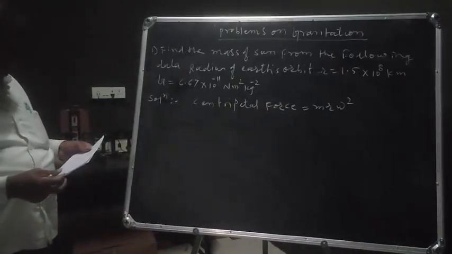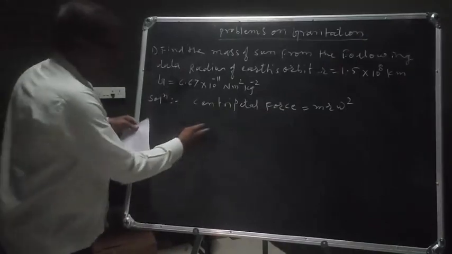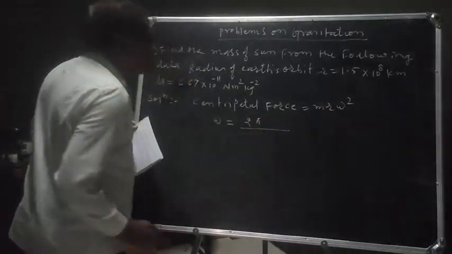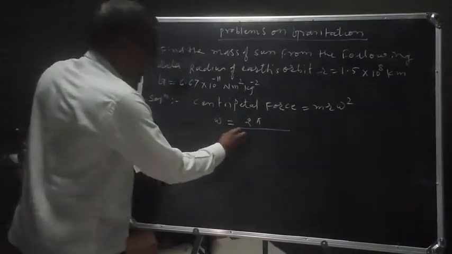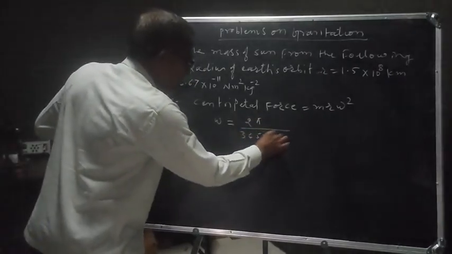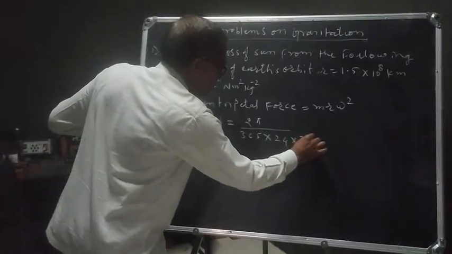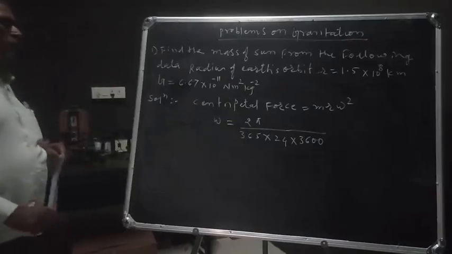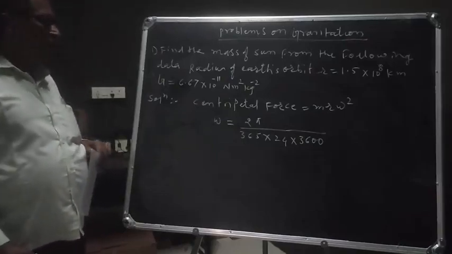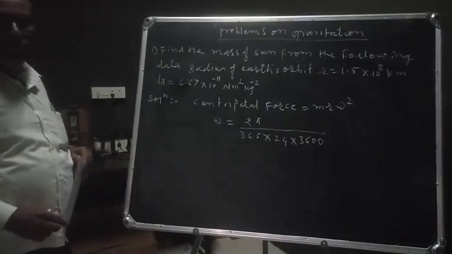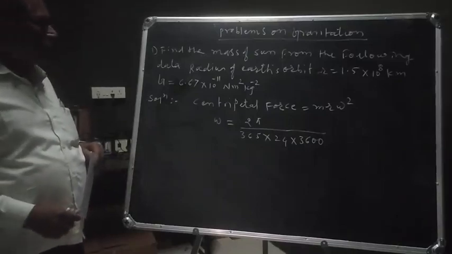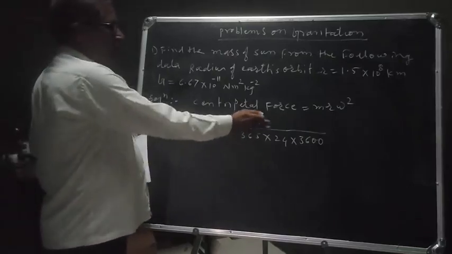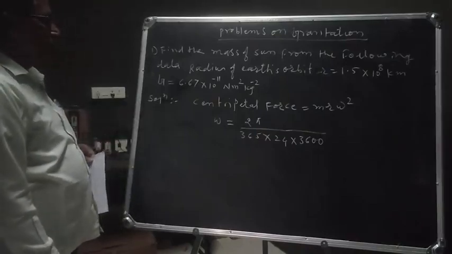Now this angular velocity of Earth is given by 2 pi upon 365 into 24 into 3600, as Earth takes 365 days to revolve around the sun. Therefore, we have taken this type of formula.